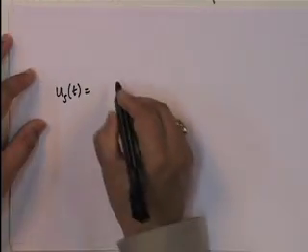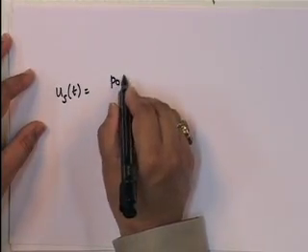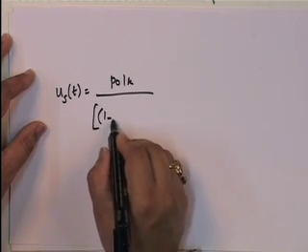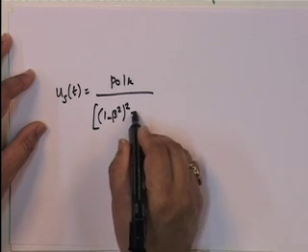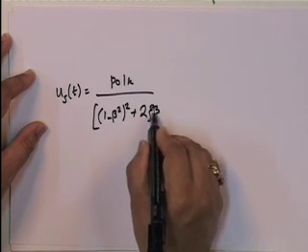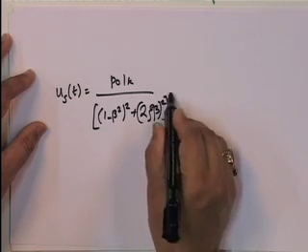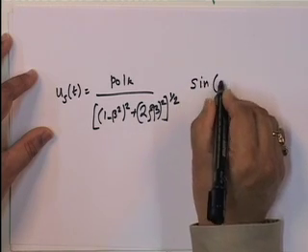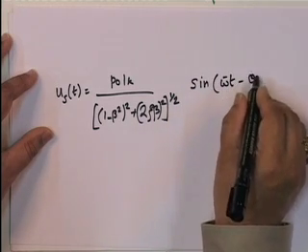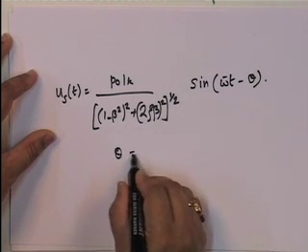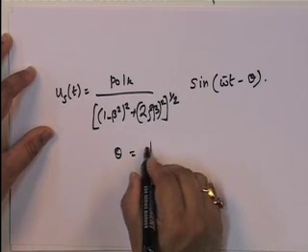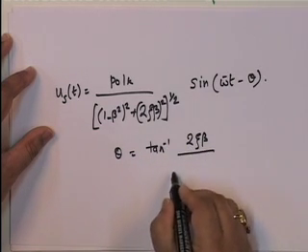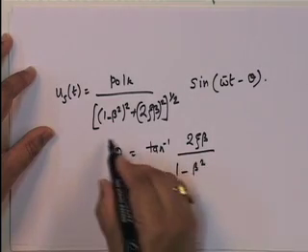So, u s of t becomes p naught upon k, into the square root term, into sine omega bar t minus theta, where theta is given by tan inverse of 2 zeta beta upon 1 minus beta squared.